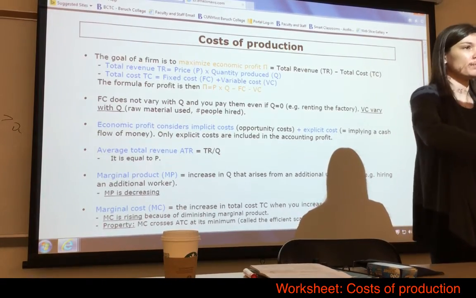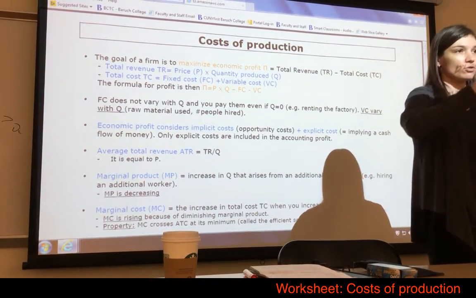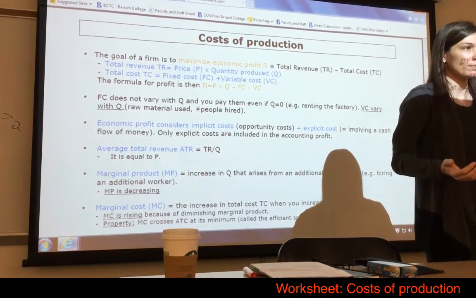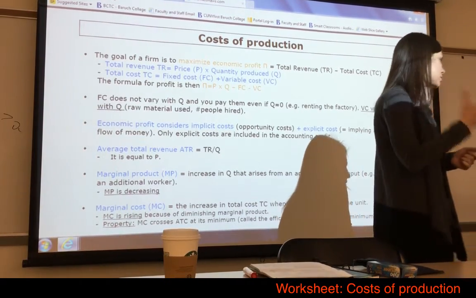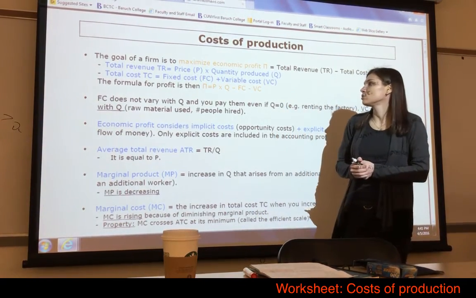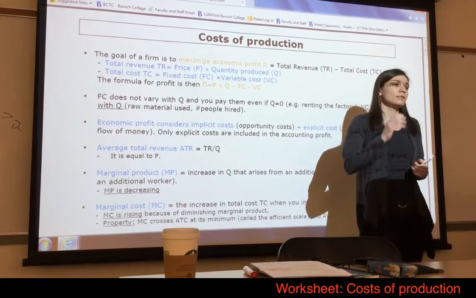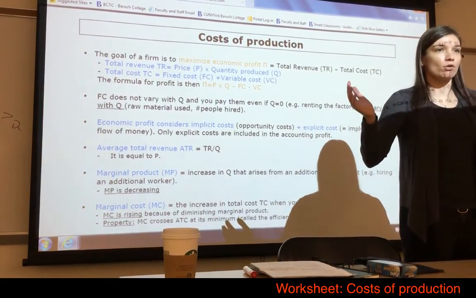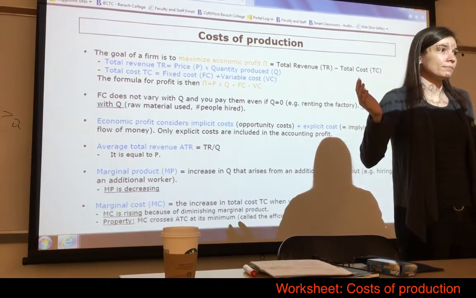Okay? You pay the rent in the beginning of the month for the next month. So within that month, even if you move out of the apartment, you would still have to pay the cost. Right? So it's fixed and it's gonna be there no matter how much you decide to produce. It is also important to note that this is only true in the short term. Okay? So in the long run, every cost is a variable cost. Okay?